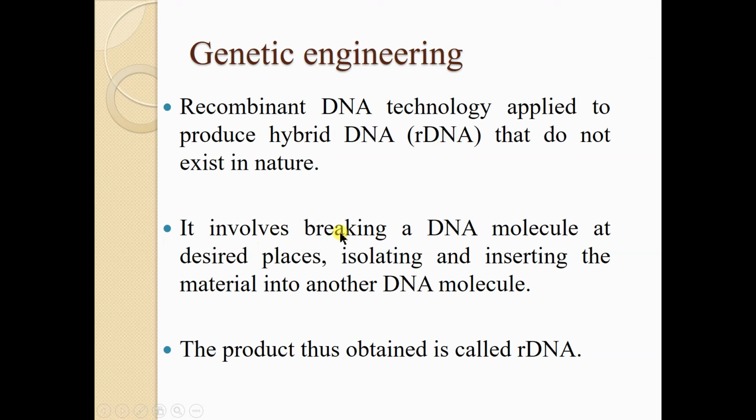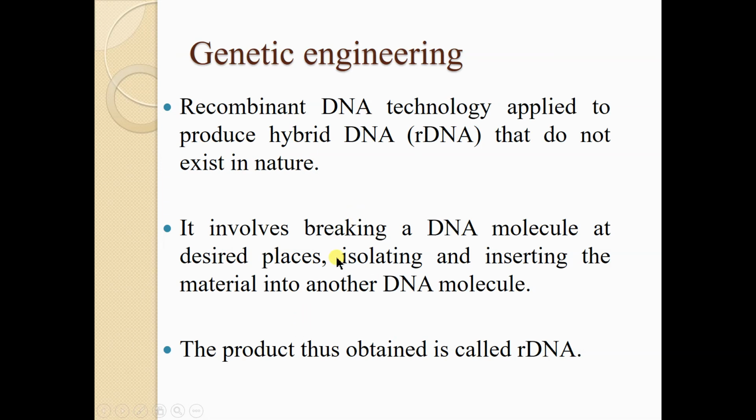It involves how we produce the hybrid DNA or recombinant DNA. First we break the DNA molecule at the desired places. So a certain DNA molecule from one species is broken down at the desired place. The portion of the DNA which we want in a large proportion is broken from the original host DNA.